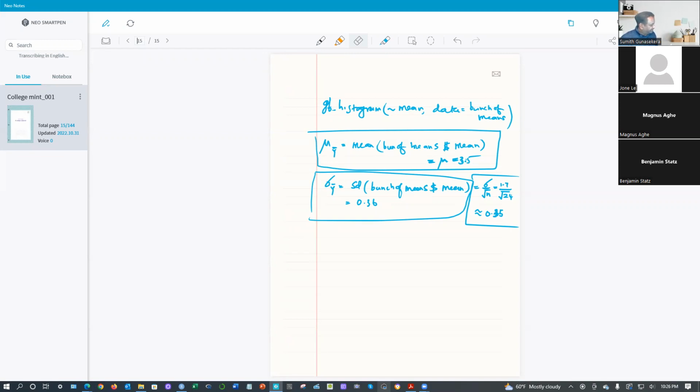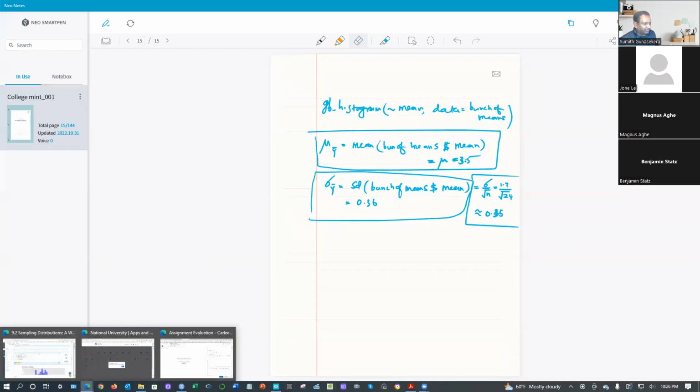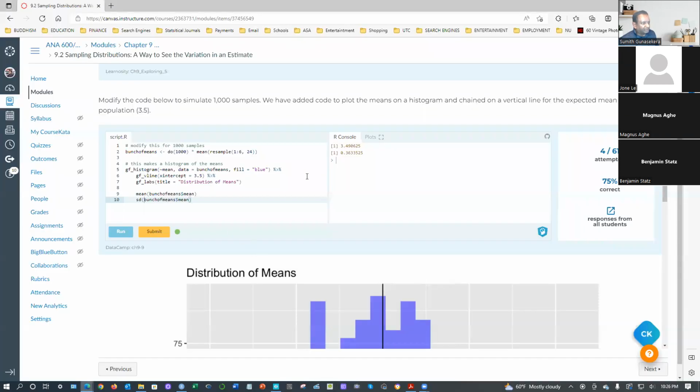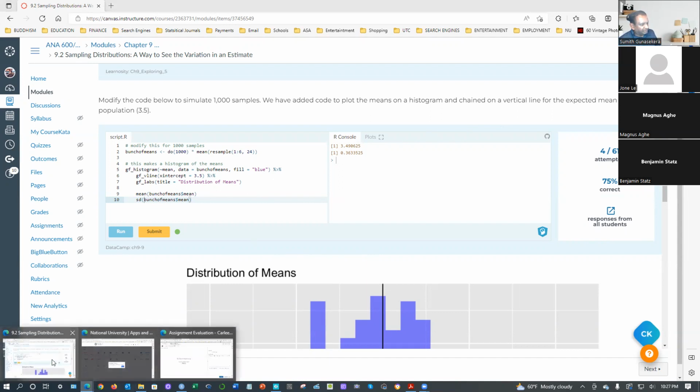When you divide 1.7 by square root 24, I got 0.3470 approximately. That's 0.35. On this one, when you run this, we got 0.36, to keep to two decimal places if you want. See, because these are based on random numbers.